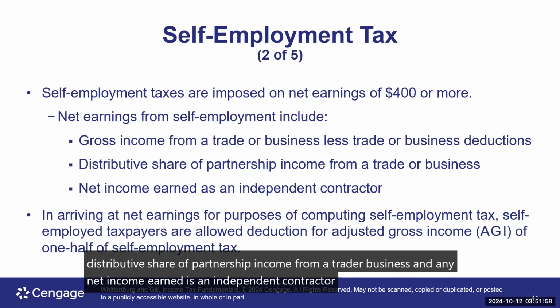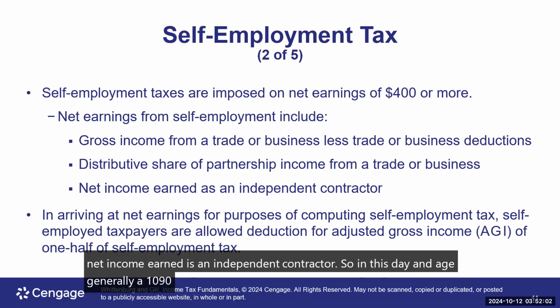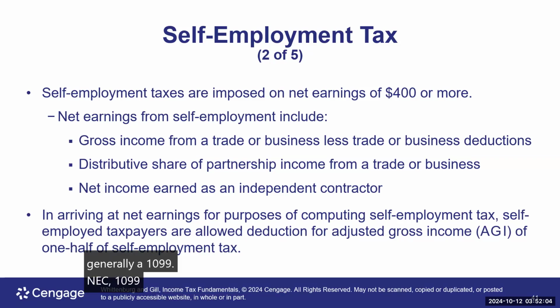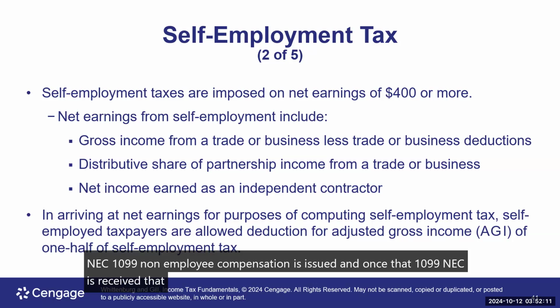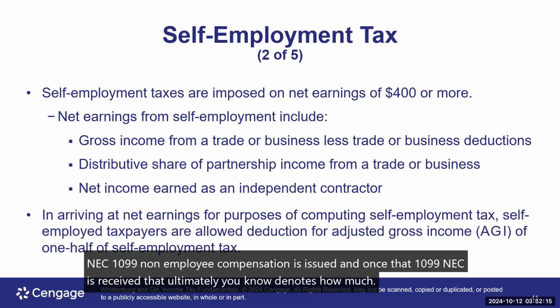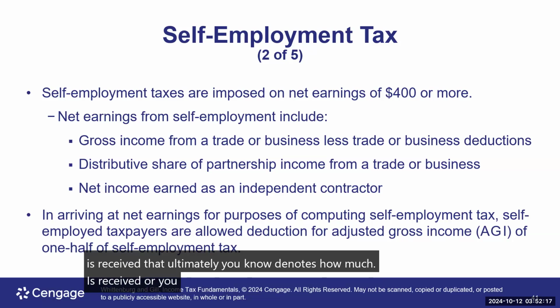In this day and age, generally a 1099-NEC, 1099 non-employee compensation, is issued. And once that 1099-NEC is received, that ultimately denotes how much is received, or gross income for that individual, less obviously any expenses.